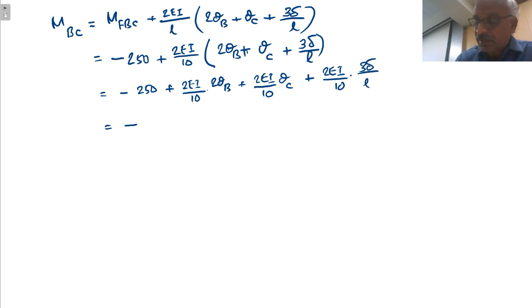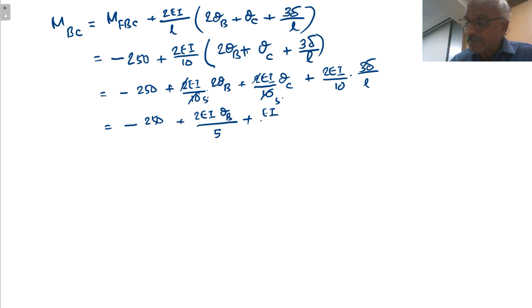So this is equal to minus 250 plus, you can simplify this by 5. That is 2EI theta B by 5, plus this also we can make it as 5, so EI by 5 into theta C. Here the left support settles, therefore this is plus only, plus 2EI by 10 into 3 by L. L is 10 meters.